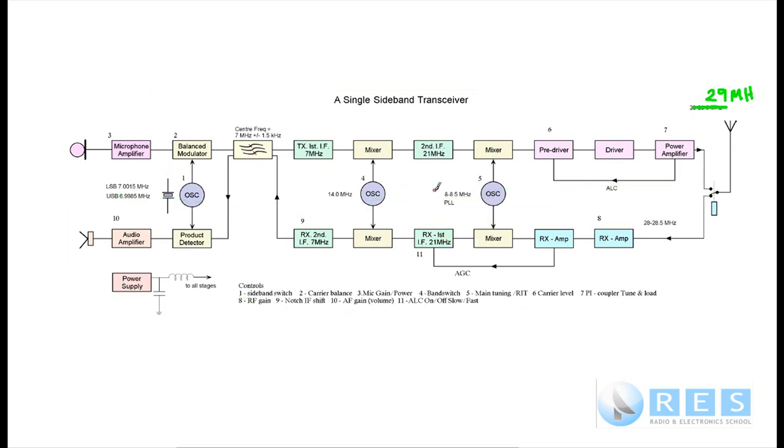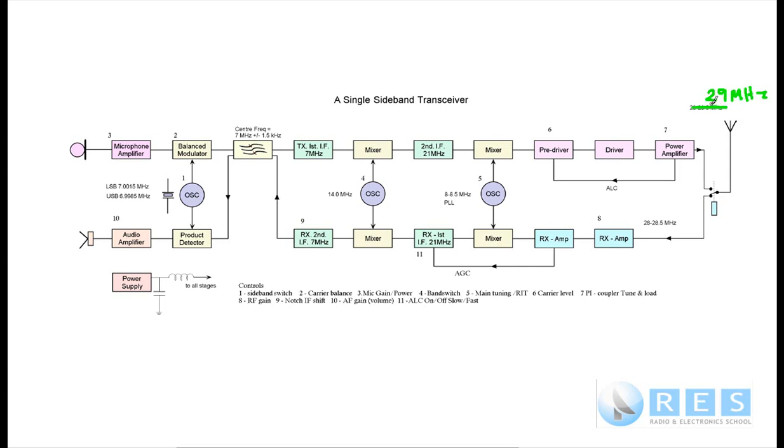Suppose we have a signal coming in here on 29 megahertz down the antenna. This is a changeover relay. When you push the push to talk button, either a mechanical relay, electromechanical relay, or an electronic relay operates and connects the antenna to either the transmitter during transmit or to the receiver during receive.